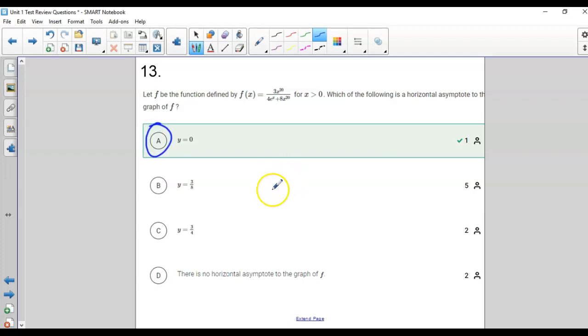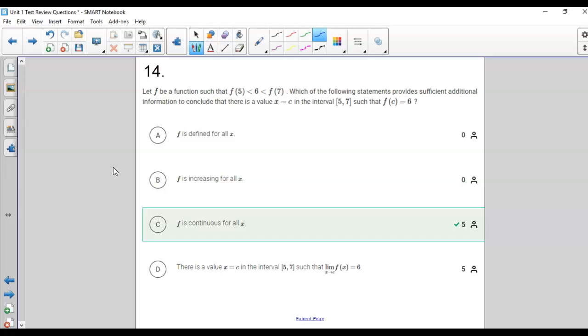So e to the x is a higher exponent than x to any power there. So even if it's x to 1,000 or x to 1,000,000, e to the x still sort of trumps that. So A should be your answer here.